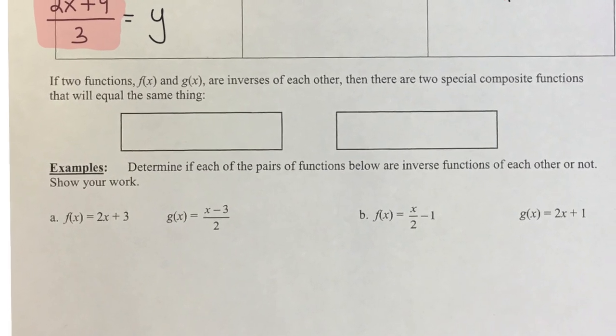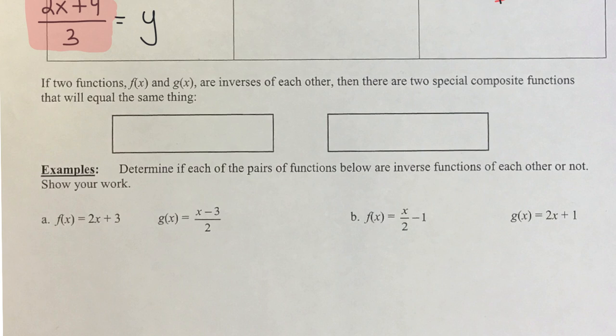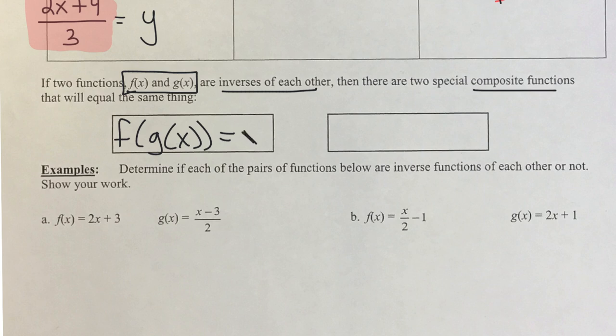So here is our pre-calculus theorem, basically. If two functions f and g are inverses of each other, then the two composite functions will equal the same thing. If we take g and plug it into f, it should always simplify down to just x.